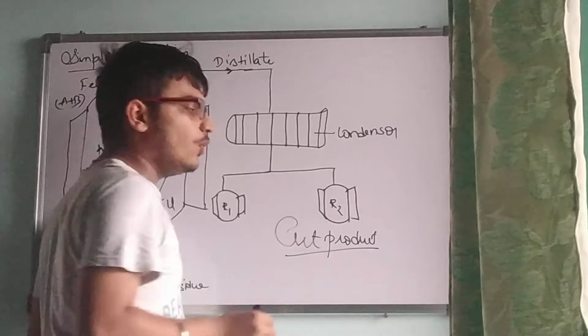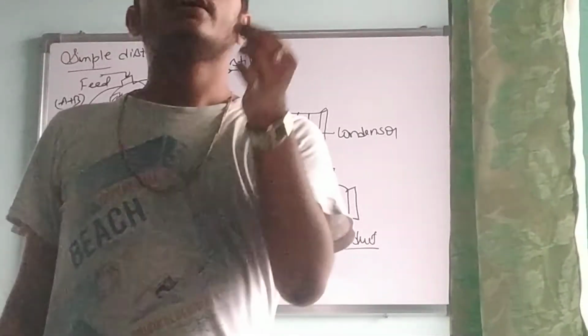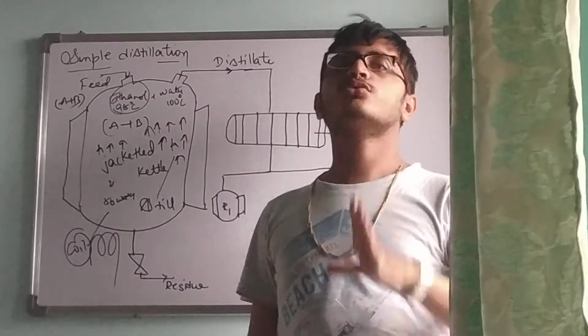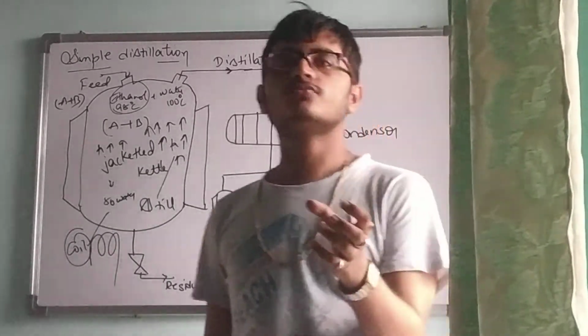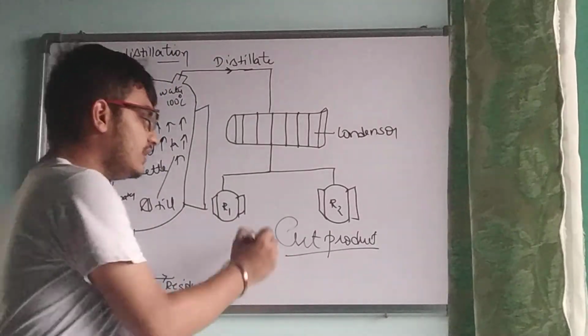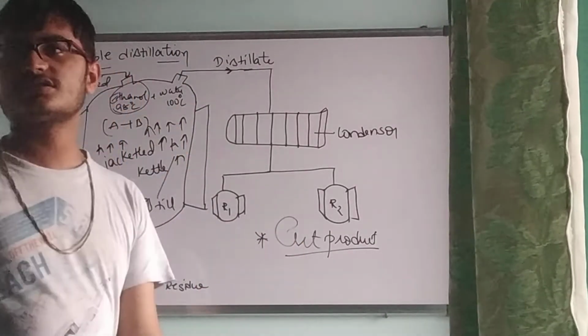At that stage, where the vapors have less of the more volatile component, the product you get is known as cut products.